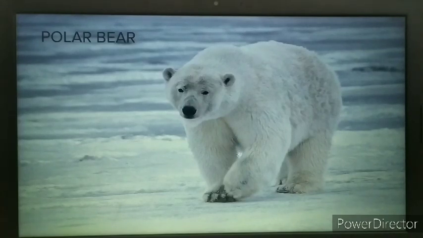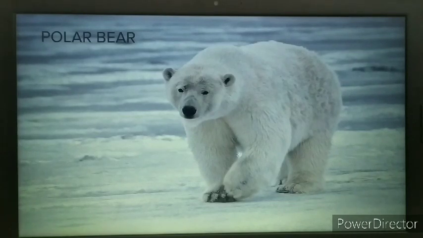Now when we talk about desert, many of you must have seen the desert also. So in the desert you must have observed that the climate is very hot. The desert has extreme temperature fluctuation.